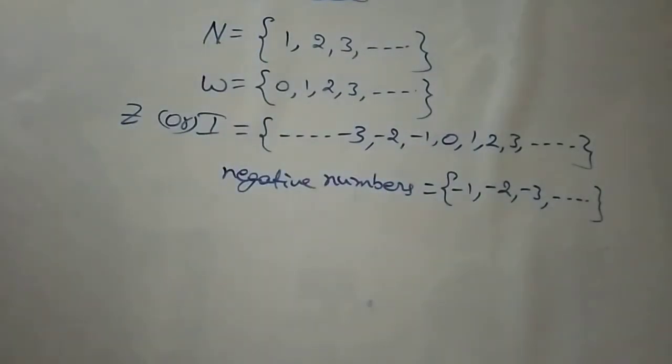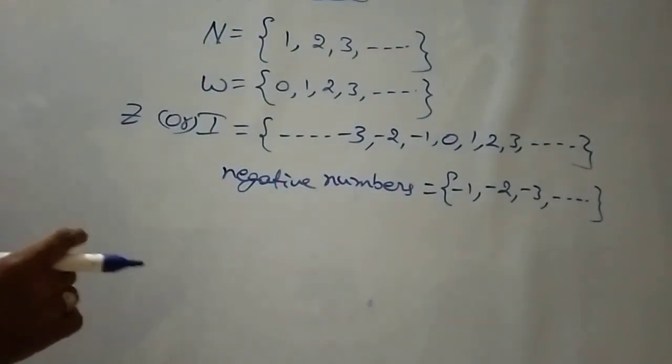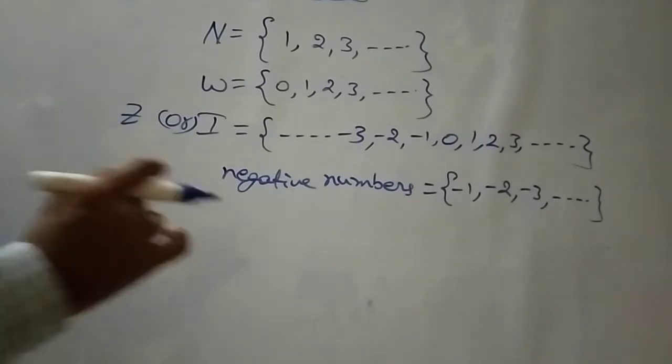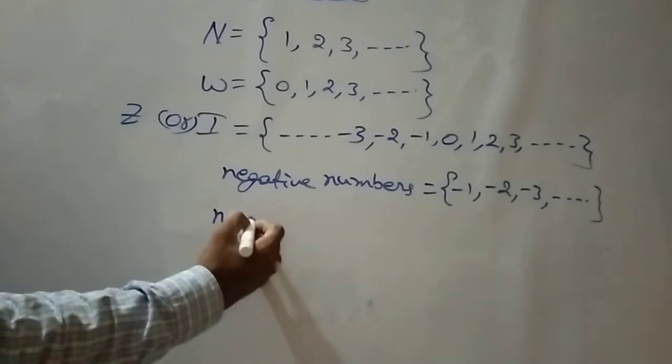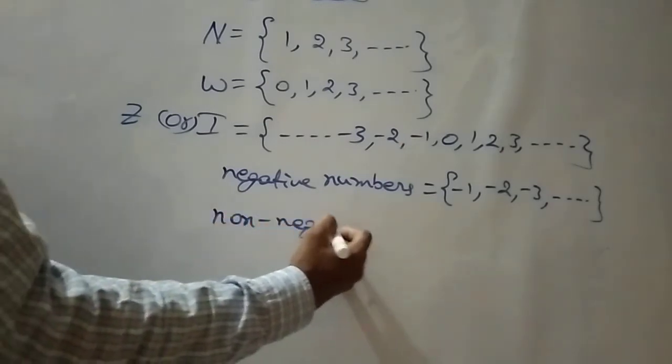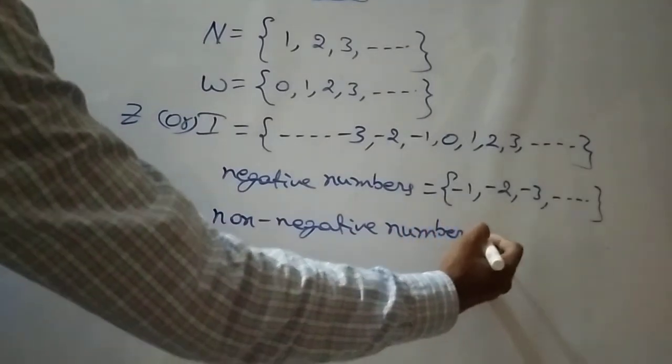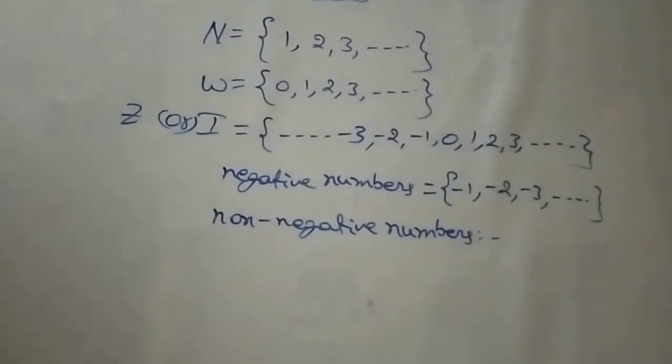Next, in place of using positive, we are using non-negative numbers, or non-negative integers. Non-negative is the opposite word of negative.